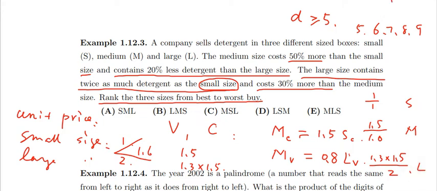So we can find those values. Let's see, 1.3 times 1.5 is 1.95. Okay, yeah, 1.95.